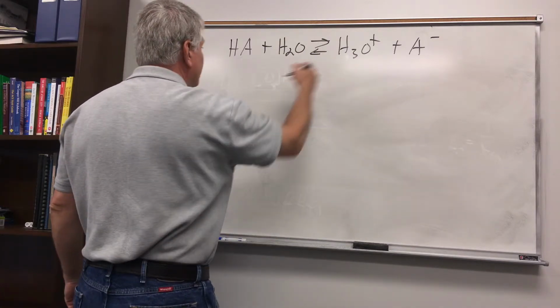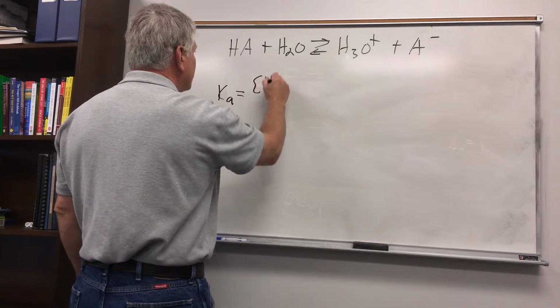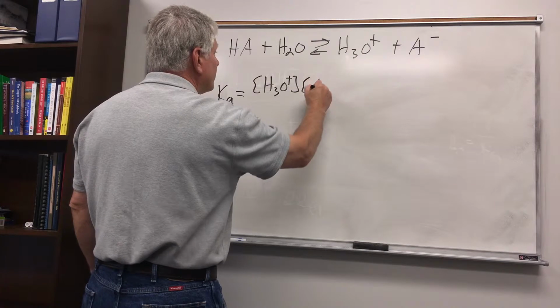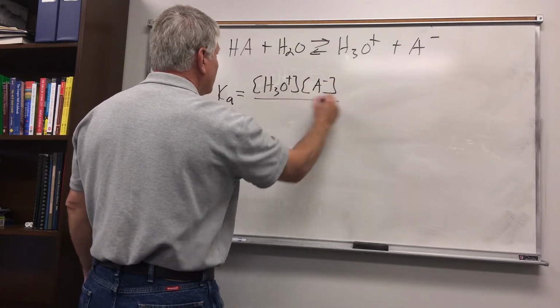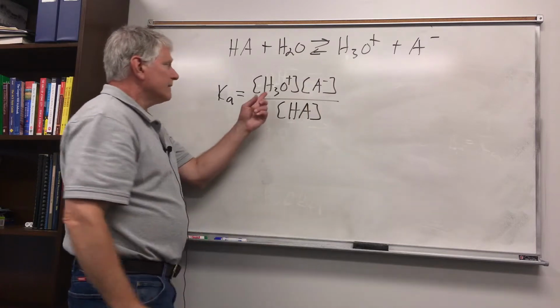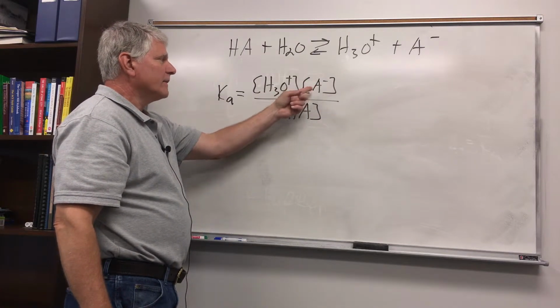So it's convenient to use this reaction and its equilibrium constant to consider buffer solutions, because this reaction has everything I need. It has H3O+ to get the pH, and it has the acid and its conjugate base.